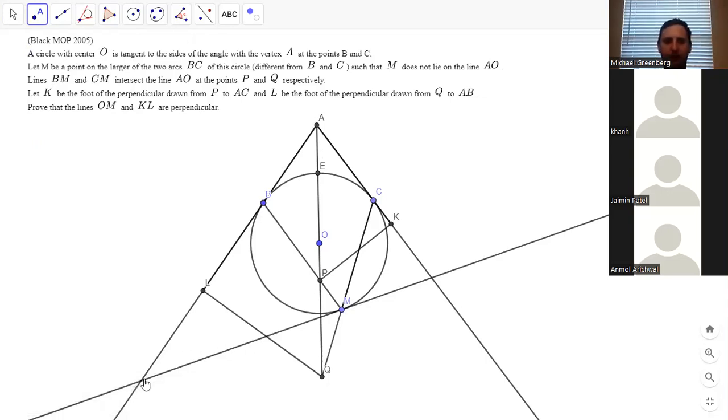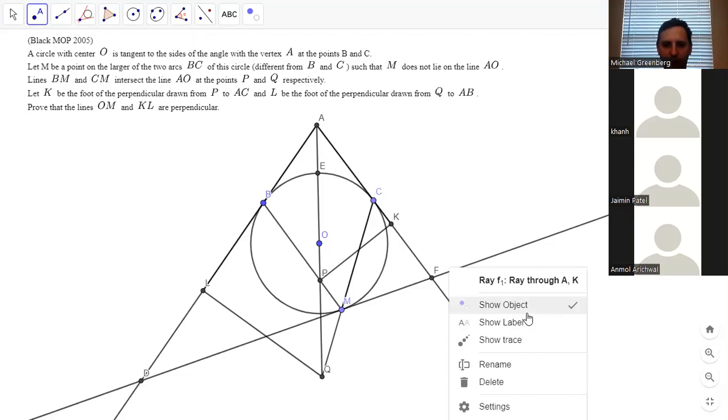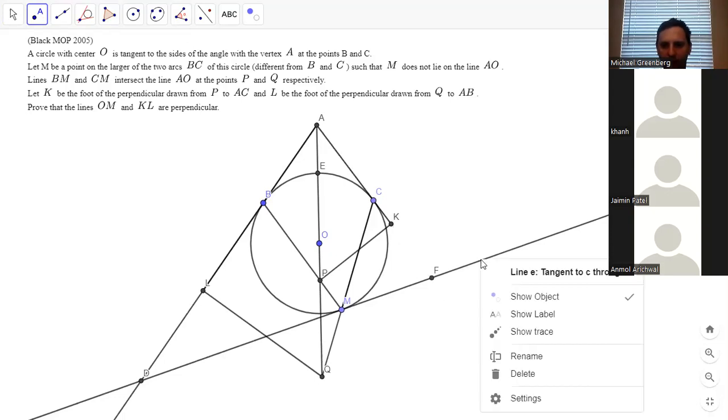So we have basically triangle ADF, and then we have the incircle of it.